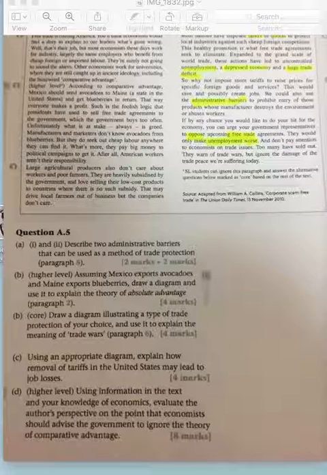Not only the government but the producers might benefit from free trade, because some industries have to import their factors of production, such as labor, capital, and resources, from other countries to lower the cost of production.